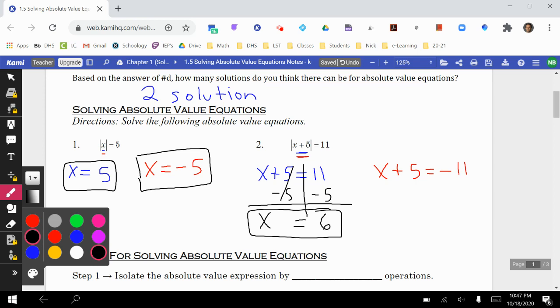And now I'm going to do these same exact steps to my second equation. My second equation is x plus 5 equals negative 11. I'm going to put my line down the middle here. Again, I'm going to have one step to get that x by itself, and that's the inverse operation.